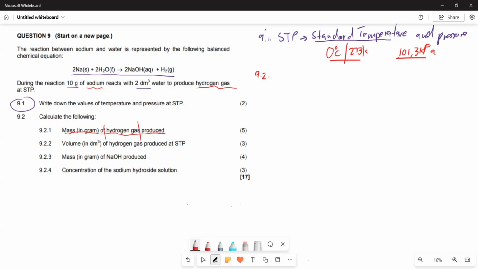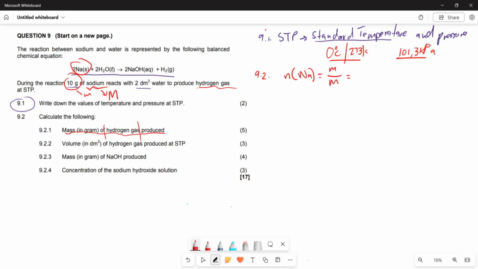We are going to start with something where we are given the maximum information. If you look at this reaction, the only thing that can help us start by finding the mole is our sodium. Because from your sodium, you have the mass, and you can use the molar mass of your sodium to calculate the mole. So that's where we are going to start. The mole of your sodium is given by the mass over the molar mass.